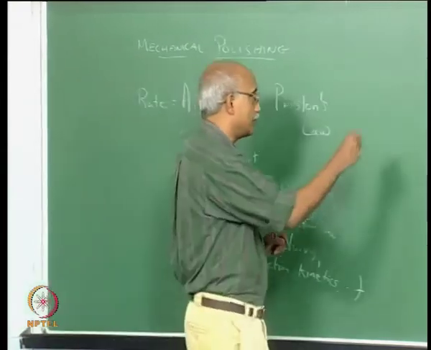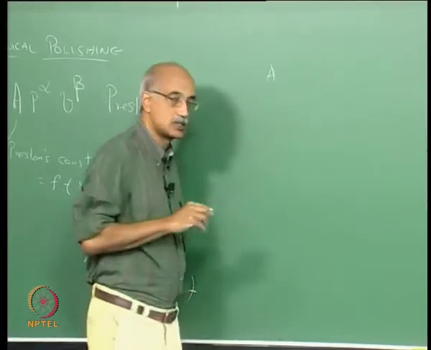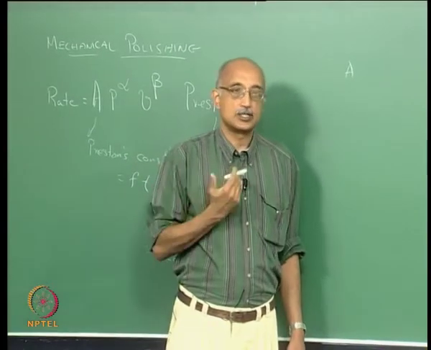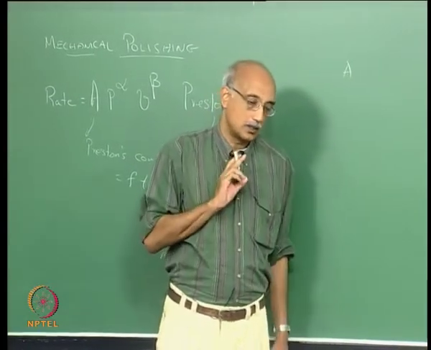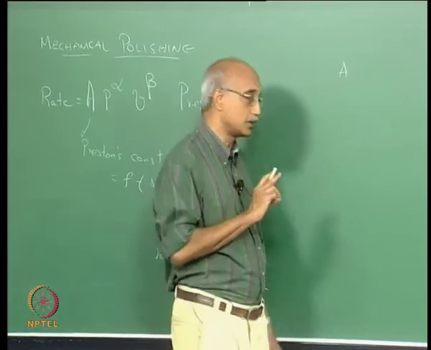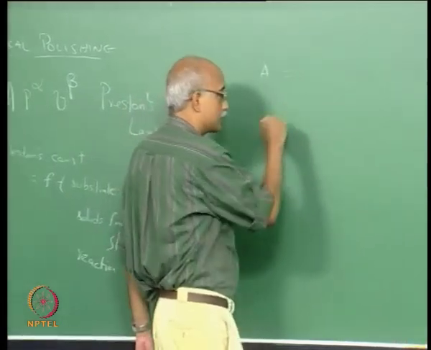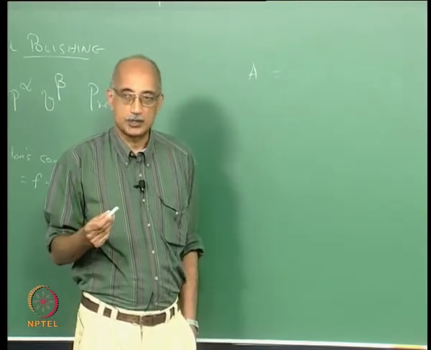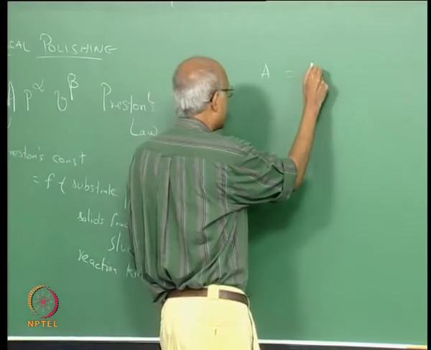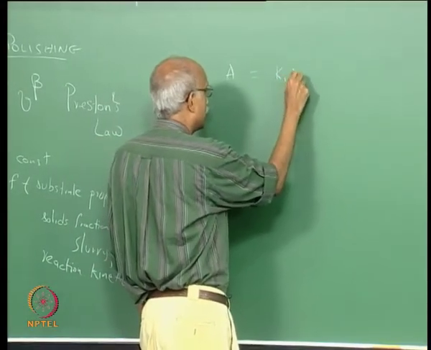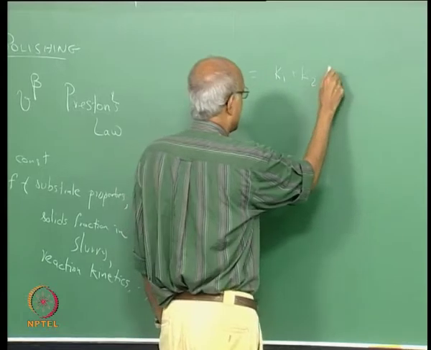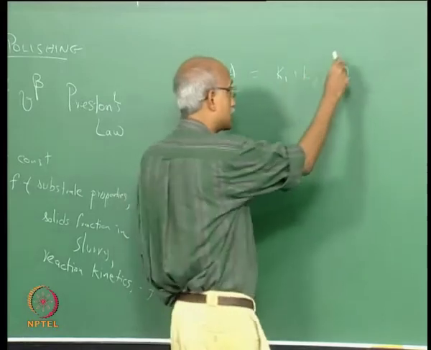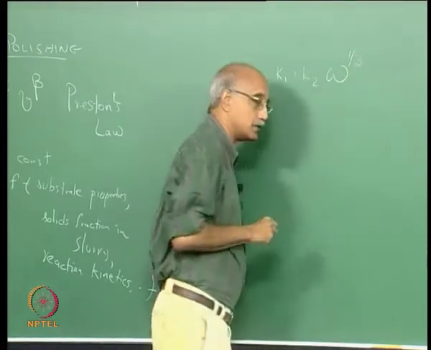So, this A parameter, the Preston constant, has been experimentally measured and related to various inherent properties of polishing systems, and it turns out that for a purely physical polishing process, this can be written as a constant K1 plus K2 times the mass fraction of particles in the slurry to the power 1/3.